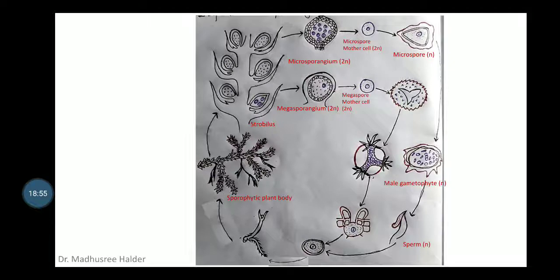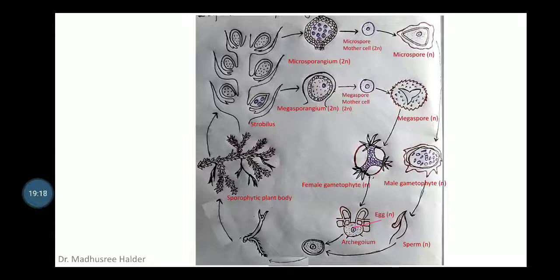In the case of megasporangium, they produce megaspore mother cells which have a diploid chromosome number. Megaspores are produced by reductional division and the chromosome number is n. From the megaspore, female gametophyte is produced, and the female gametophyte bears archegonium which contains egg.